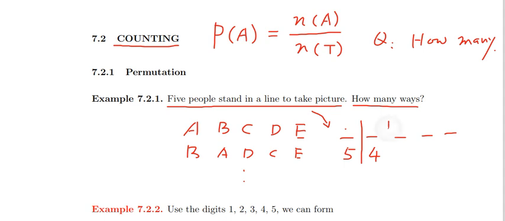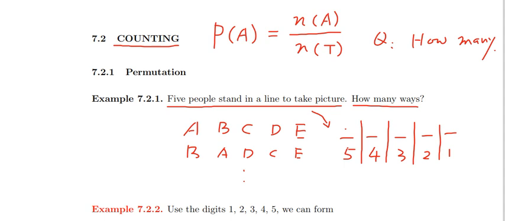Now for this position, by now we have 3 guys, so pick one to sit here, 3 ways. And then we have 2 guys left, so from the 2, pick one guy to sit here. Then the last one, we just have one choice, just sit here.